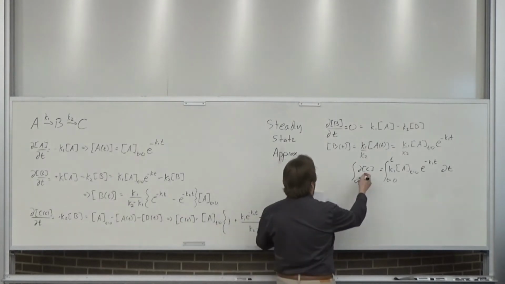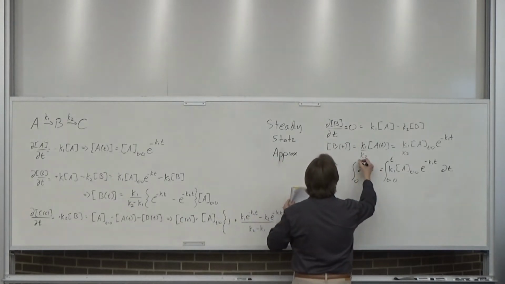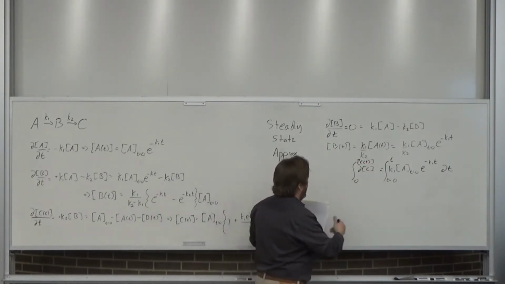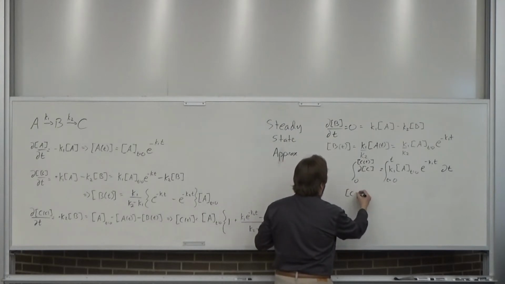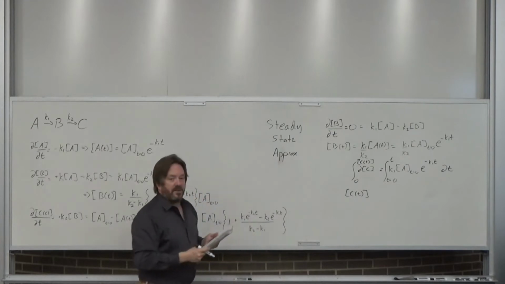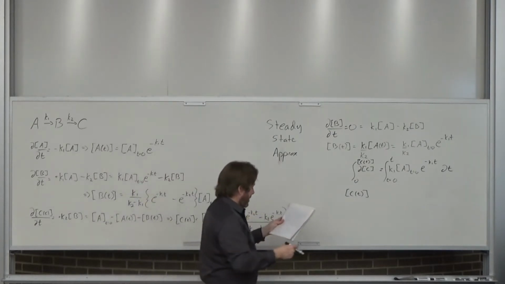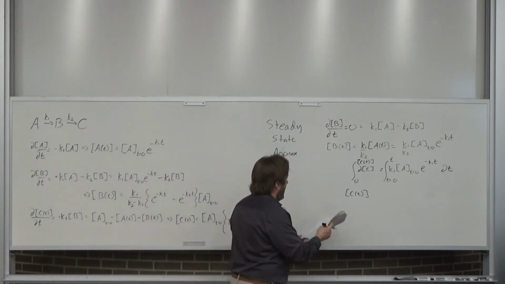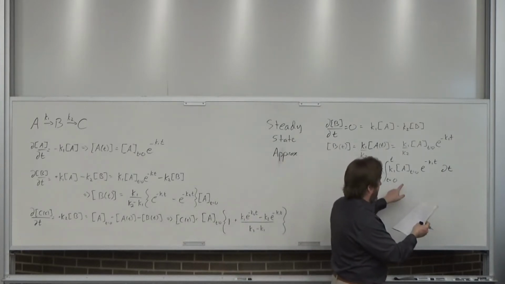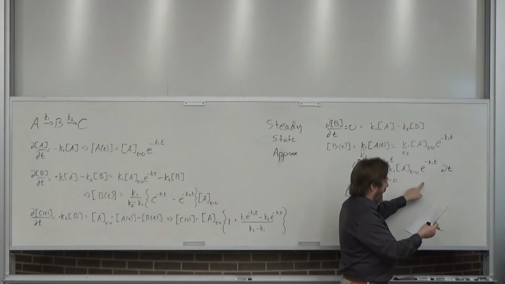Anyway, so what do we get? Oh, and of course, the concentration of C at time t is the concentration of C at time t, right? So this left side is the concentration of C at time t minus 0, because the initial concentration is 0. So there's nothing to do there. And then I've got this integral here. And let's see here.